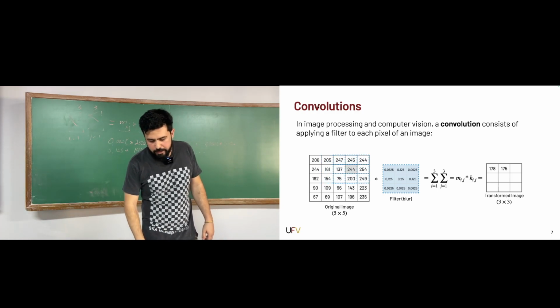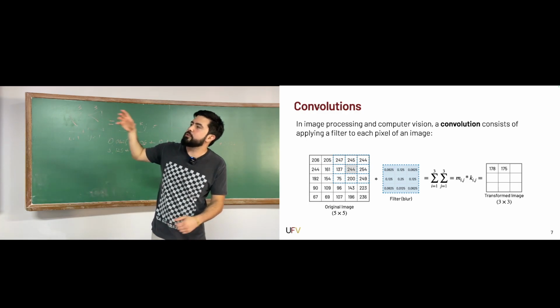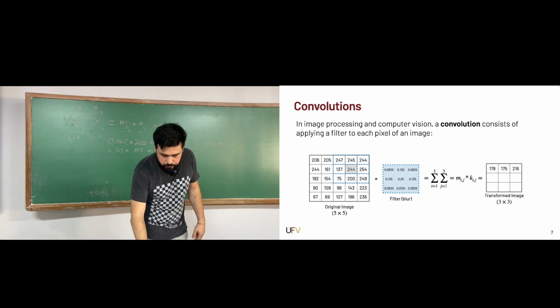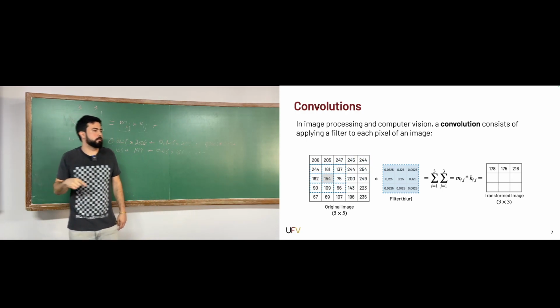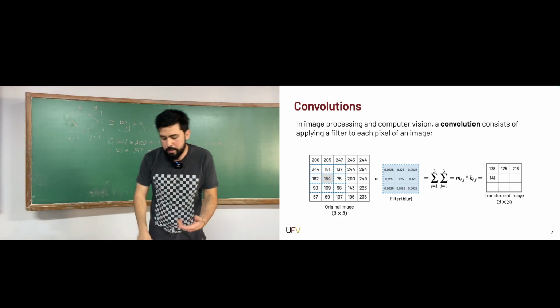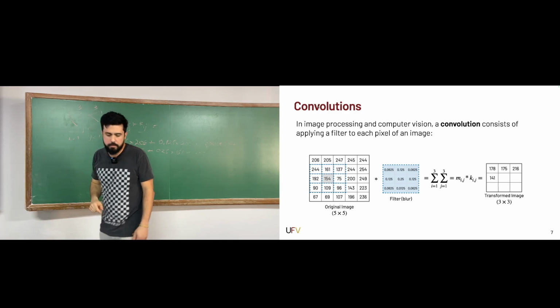So I'm going to do that again, sliding once again to the right. When I get to the end of the columns, I'm going to slide it down and go back to the beginning, okay? And now I'm going to run the filter for that 154 pixel, right?